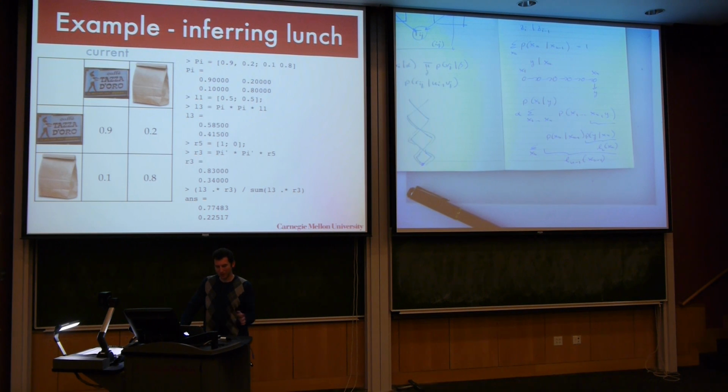Okay, that's our backward pass. Now at this point, I have the left message, what my prior distribution would be, and the unnormalized part from the right. So note that R3 does not sum up to 1. It doesn't have to.